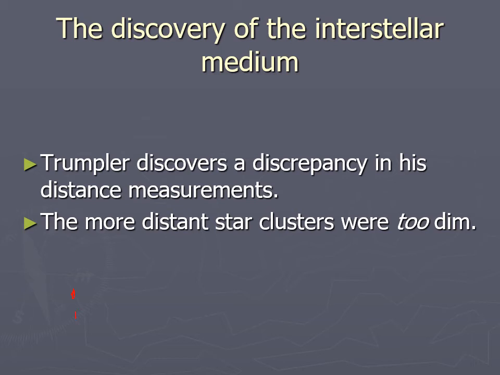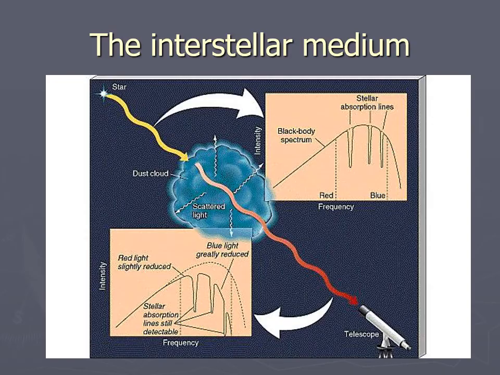We look at these distant star clusters, and there's something in between that the light is shining through, and the farther away the star cluster is, the more of that something there is, and the more it's dimming the light. And so that became known as the interstellar medium.